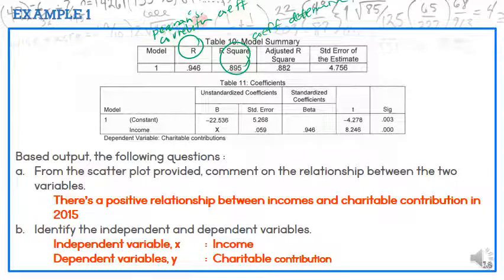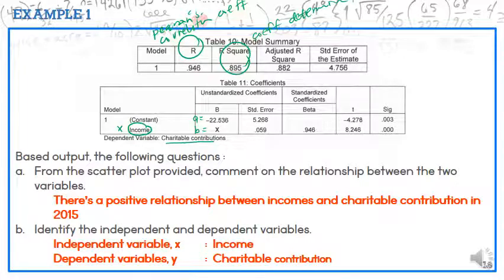And then we have your income here. This is your independent variable, and your dependent variable is charitable contribution. This is your y-intercept, and this is your slope coefficient.